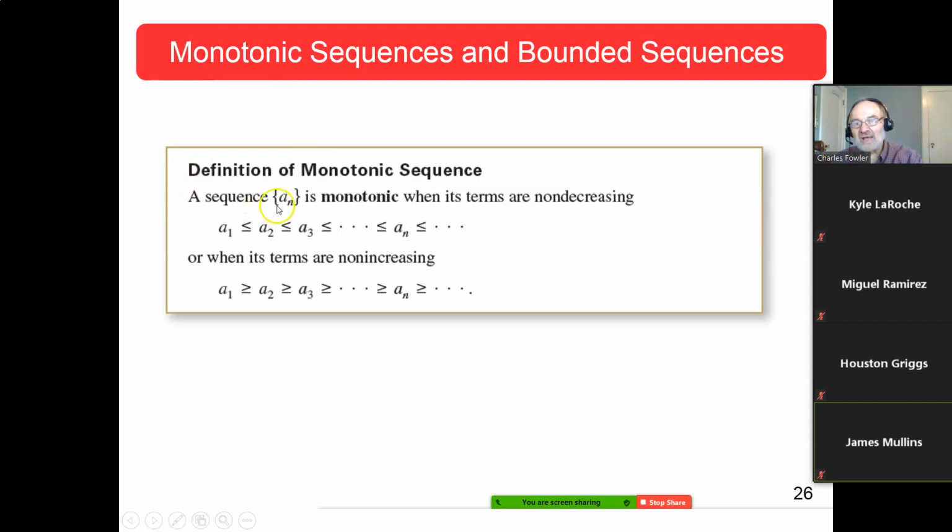So a sequence A sub n is monotonic when its terms are non-decreasing or non-increasing. Now they say it slightly differently from what I said. I said consistently decreasing or consistently increasing. Consistently increasing would be non-decreasing, which means they can't go up and level out, up and level out.